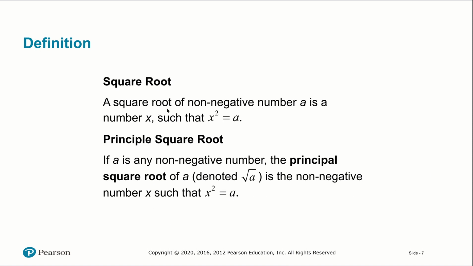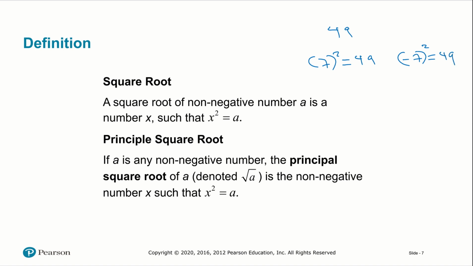The square root of a non-negative number a is a number x such that x squared equals a. So, for example, we talked about the number 49 in the previous slide, right? So the square roots of 49 would be any real number that we can square to get 49. So we just saw that there are two. There is 7, because 7 squared is 49, and there is negative 7, because the quantity negative 7 squared is also 49.